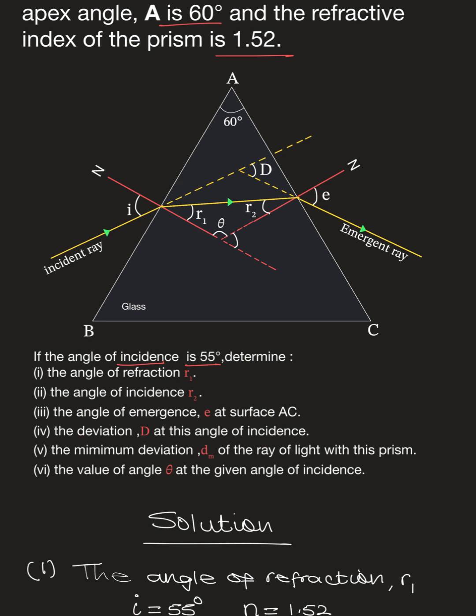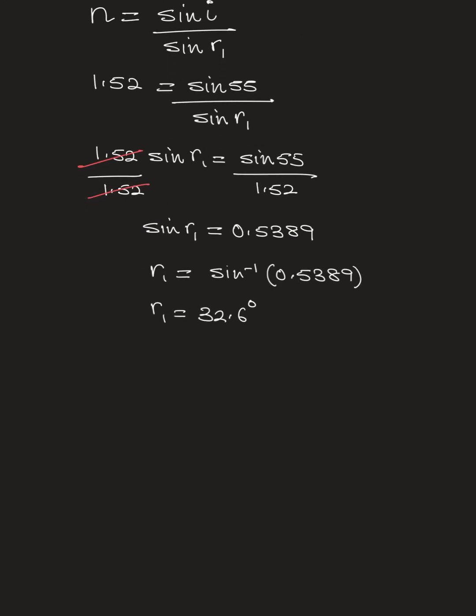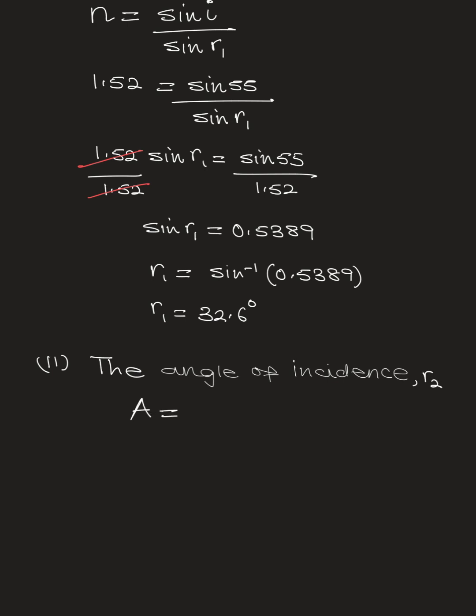Moving on to answer question 2, the angle of incidence R2. We have stated that the angle of the prism is equal to R1 plus R2. The angle of the prism is 60 degrees.